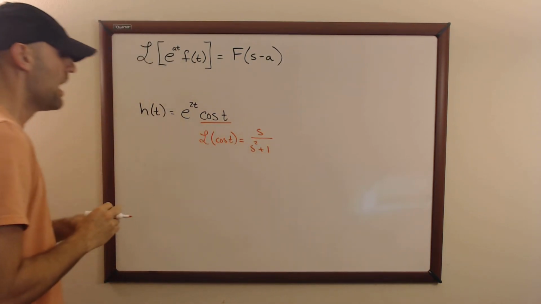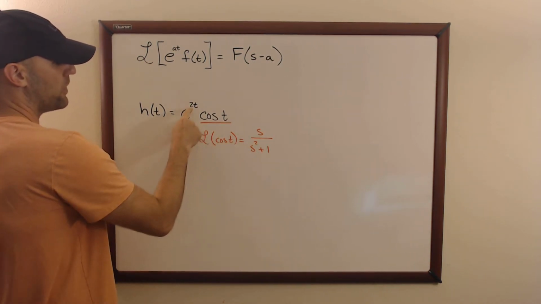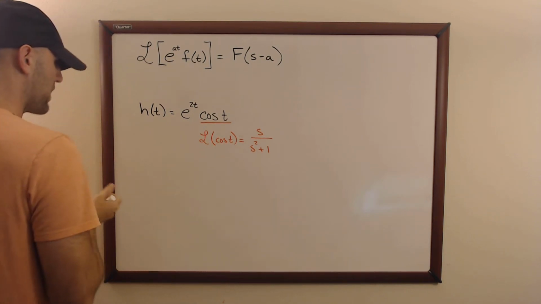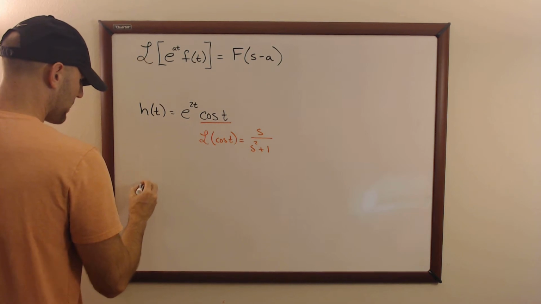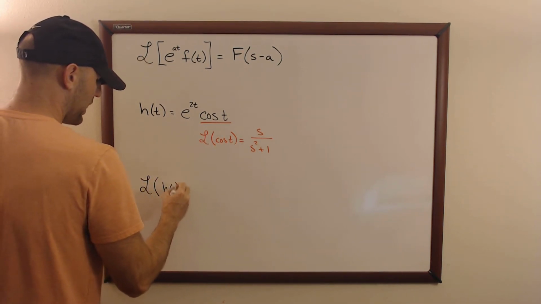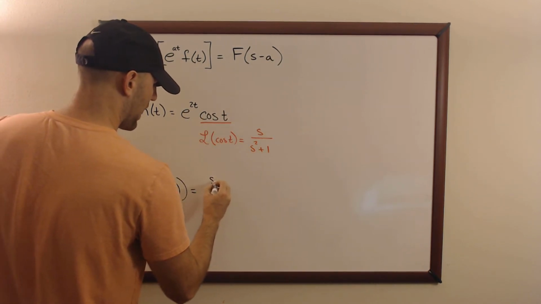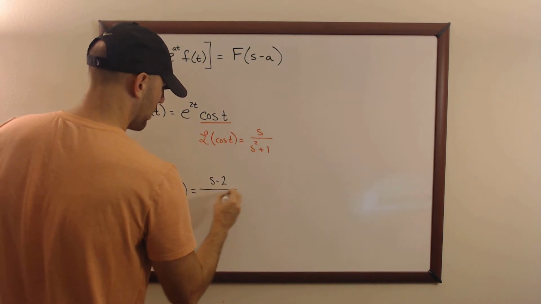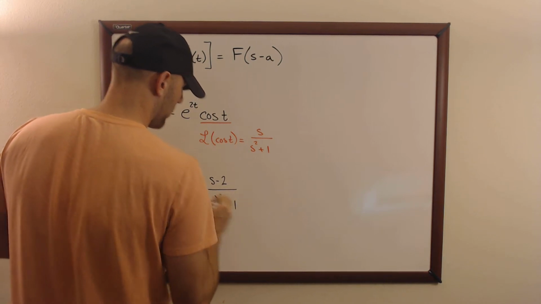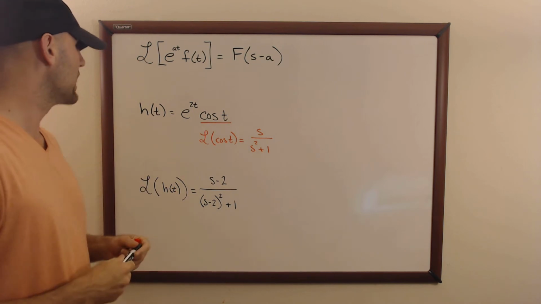And so I'm going to take this and shift it to the right 2 units. Let's see what that gives me. The Laplace transform of h of t is this one shifted to the right 2 units, that's s minus 2 over s minus 2 squared plus 1.